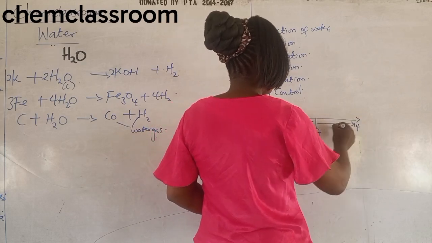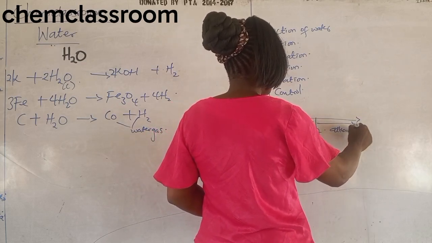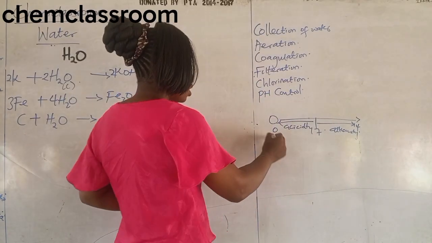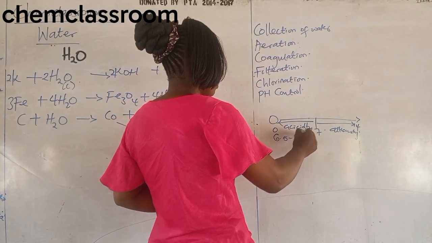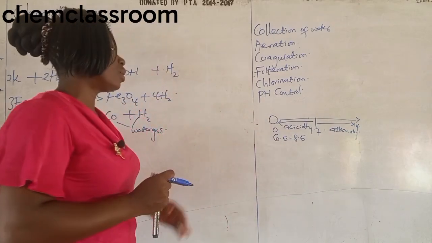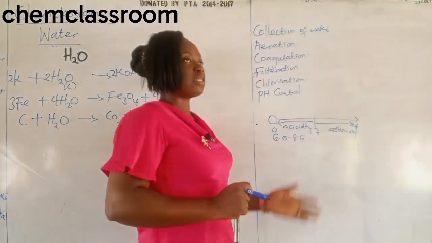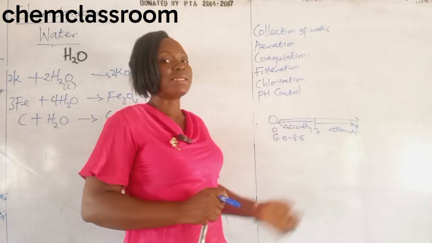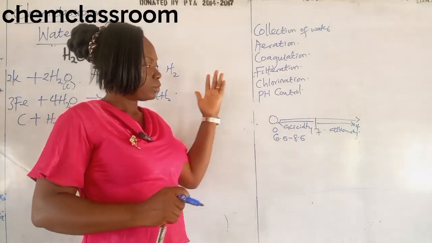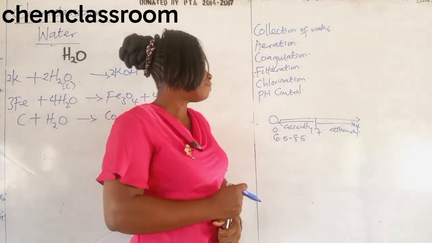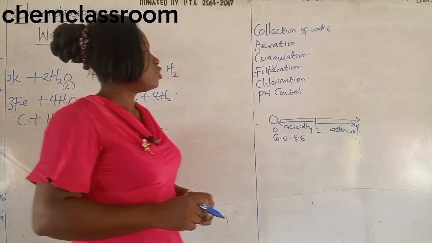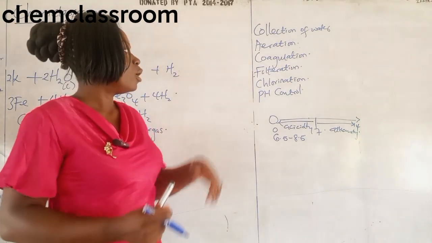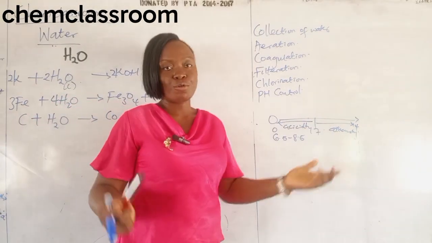Then if you go up, the alkalinity is increasing. So your water should be between 6.5 to 8.5. So if the water is too acidic, an alkaline substance can be added. If it's too basic, an acidic substance can be added to at least balance up the pH. And after this, your water is stored in tanks and is channeled through pipes to our various homes.